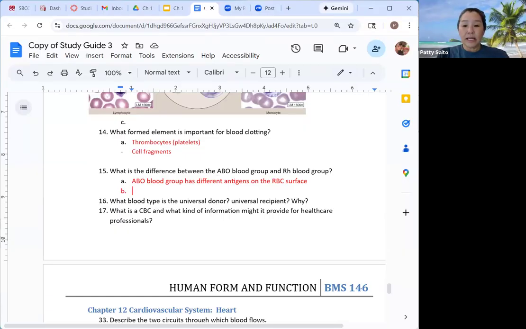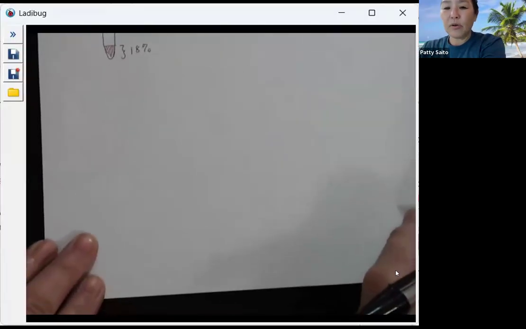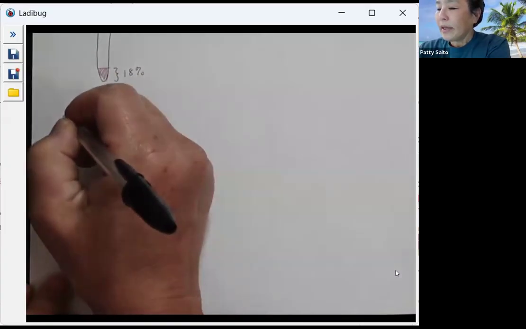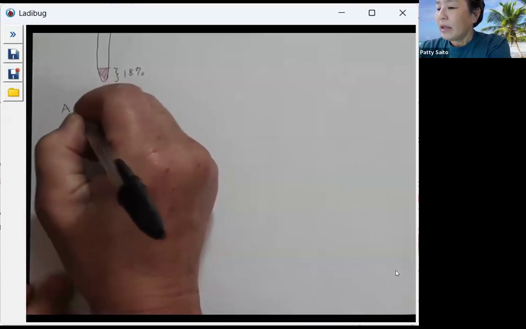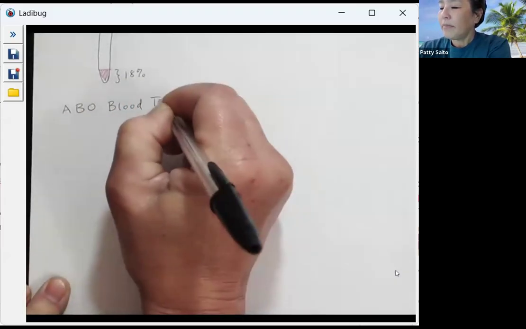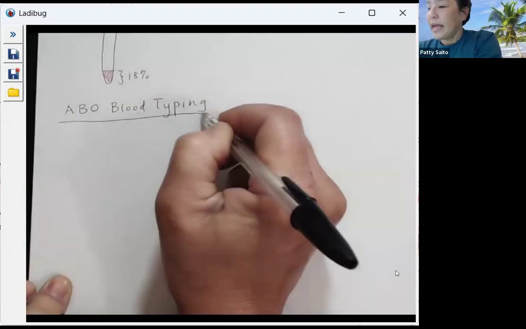So let's go ahead, before I give you the complicated diagram. All right, let's take a look at blood typing. So ABO, and what does that mean?